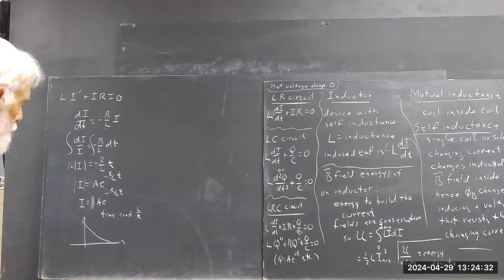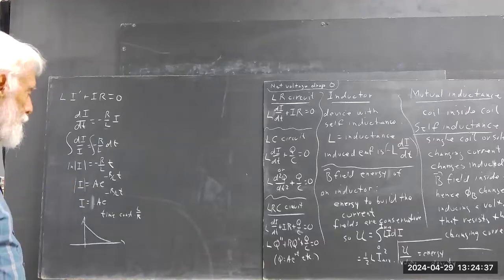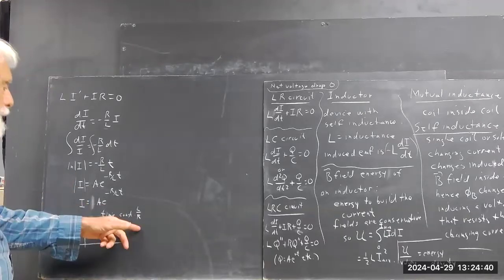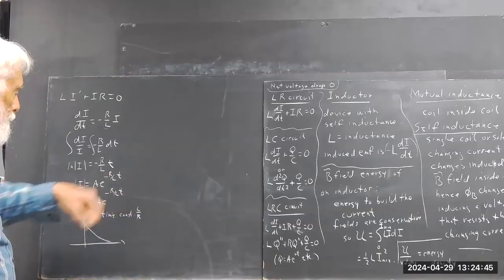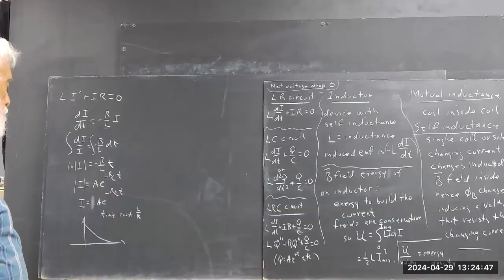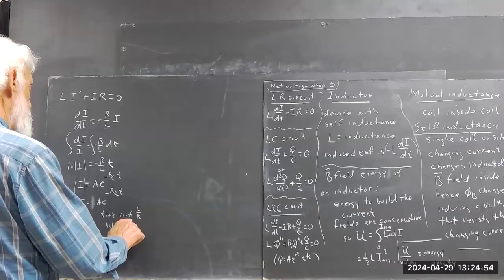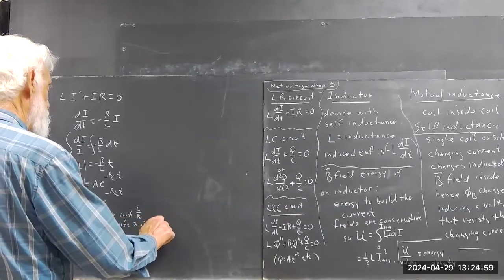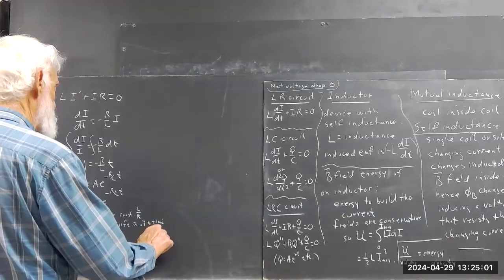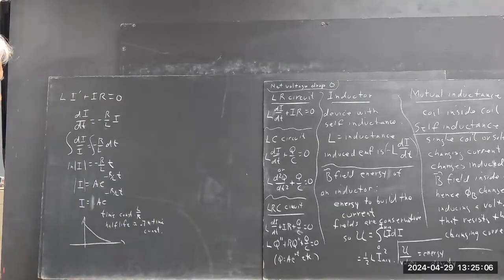And the half-life is the time it takes this to fall to half, and it's going to be about 0.7 of this. So it's going to fall to half in about 0.7 of its time constant.